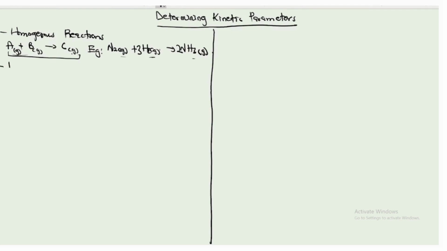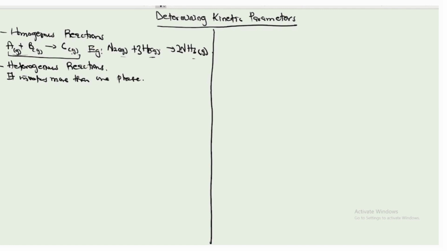The next one is heterogeneous reactions. Now the heterogeneous reaction is just the exact opposite of the homogeneous reaction. It involves more than one phase.